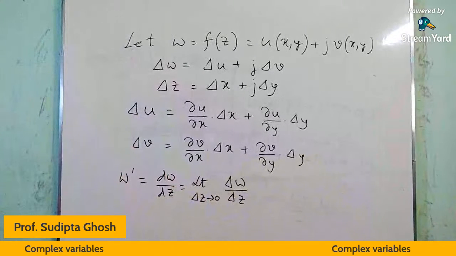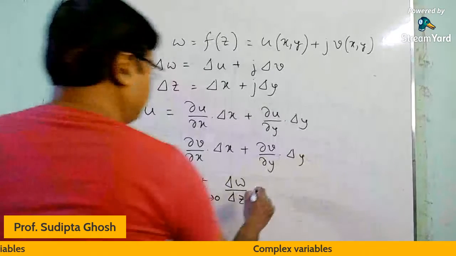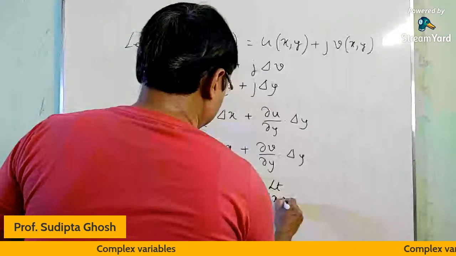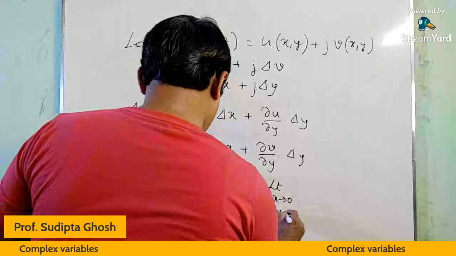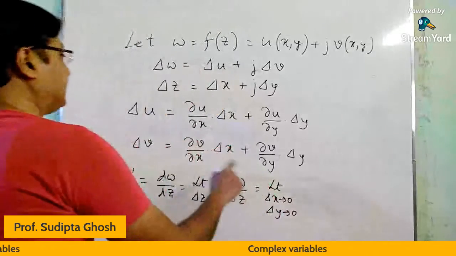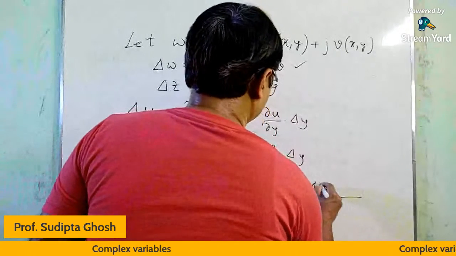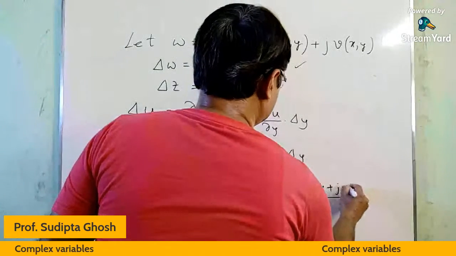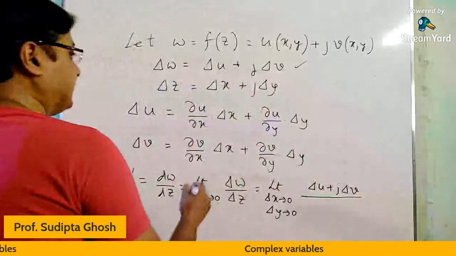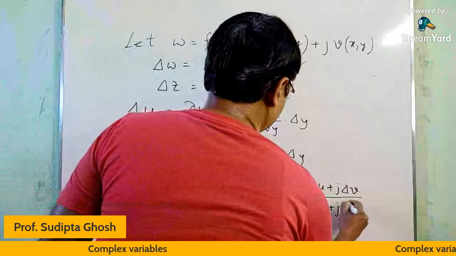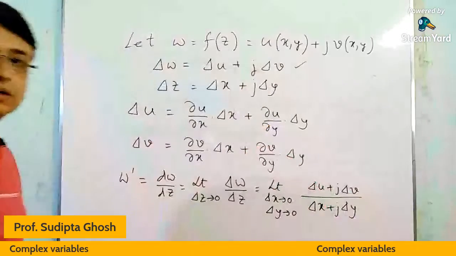Now that can be written as the limit as delta x tends to 0, delta y tends to 0, of delta u plus j delta v over delta x plus j delta y.